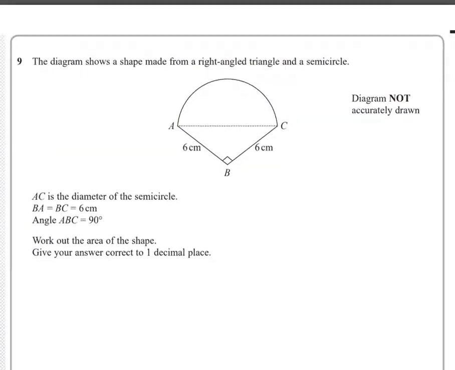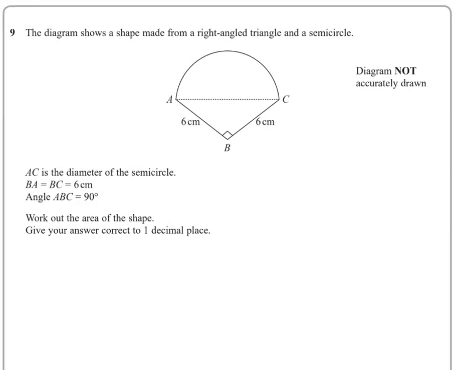There you go. Okay, the diagram shows a shape made from a right angle triangle and a semicircle. AC is the diameter of the semicircle, AB equals BC equals 6 centimetres, and the angle ABC is 90 degrees. Work out the area of the shape, so we need to work out that length.